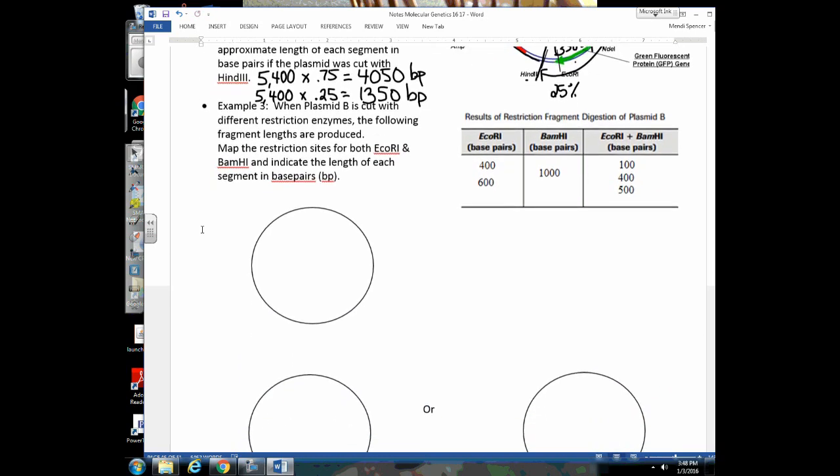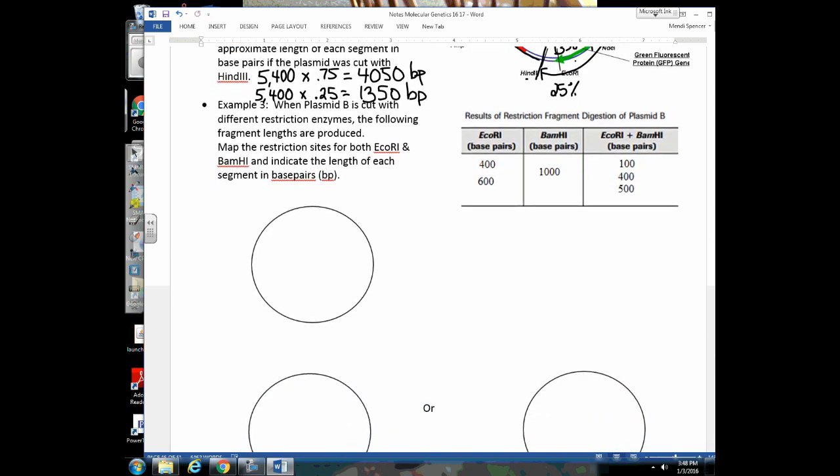Let's look at a different type of problem now. Example 3 says, when plasmid B is cut with different restriction enzymes, the following fragment lengths are produced. This table is showing you that if we cut with this restriction enzyme, then we're going to end up with 2 pieces of DNA. If you cut with BamHI, then you only end up with 1 long piece of DNA. And then if you put both of them in there with that DNA, we would end up with 3 different segments.